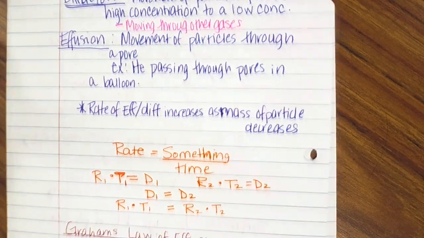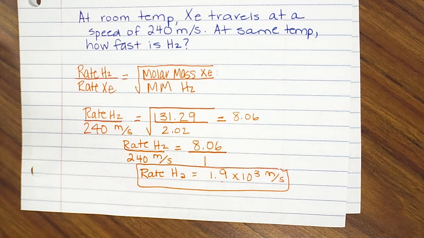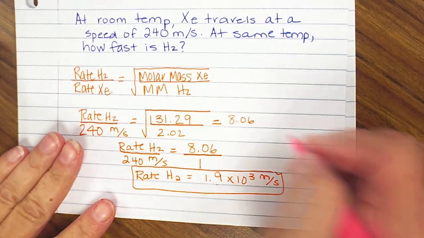Next, we're going to look at the last problem here, where we get 8.06 over 1. I want to be clear about this 8.06 over 1, and I want to do this one more time.